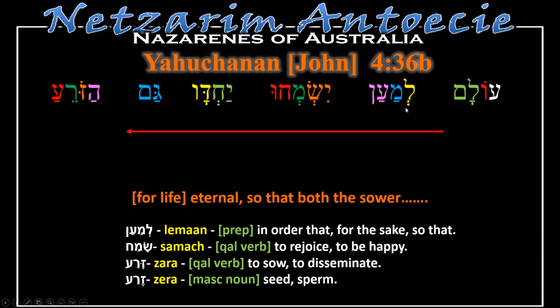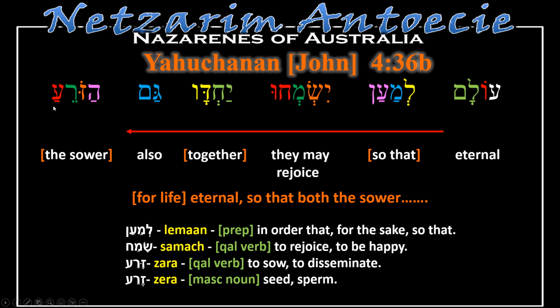Olam letma'an yismechu yachdav gam ha-zoreah. Eternal, so that they may rejoice together also the sower, or the one sowing.